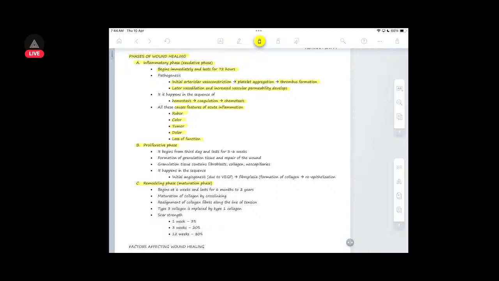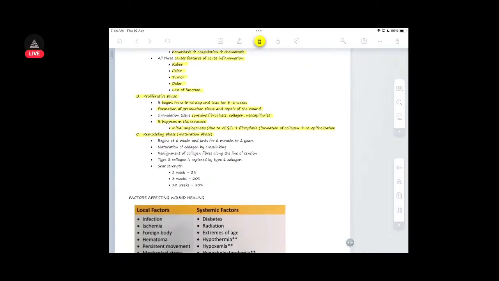Then we have the proliferative phase, which begins from the third day and lasts for 3 to 6 weeks. It forms granulation tissue and repairs the wound. Granulation tissue contains fibroblasts, collagen, and neocapillaries. It happens in a sequence. You have initial angiogenesis due to VEGF, and fibroblasts, which form collagen, leading to reepithelialization.